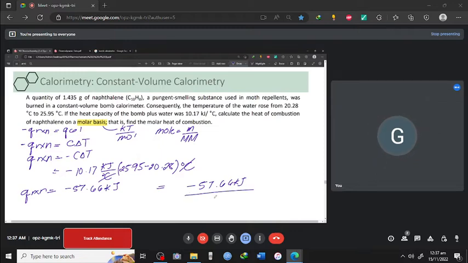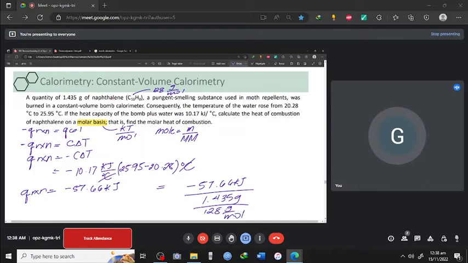Divided by 1.435 grams over, ano yung molar mass natin? So, based on Google, this is 128 grams per mole. Okay, so that is 128 grams per mole.